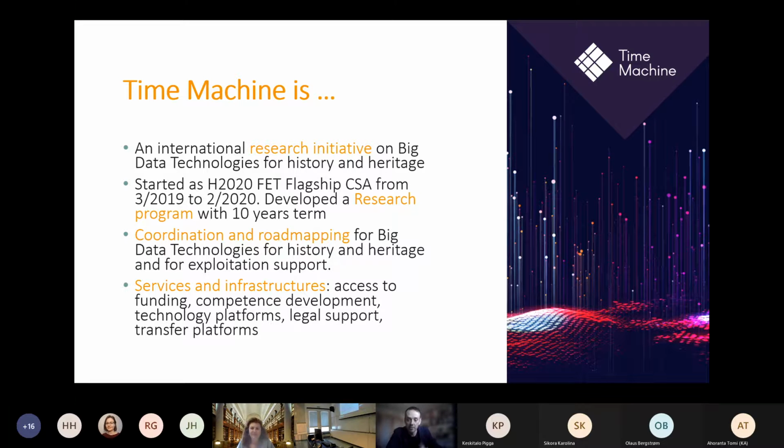The endeavor of the Time Machine is to realize that on the one hand with regard to research, but also to services and infrastructures, for instance with regard to access to funding, competency development, and so on.